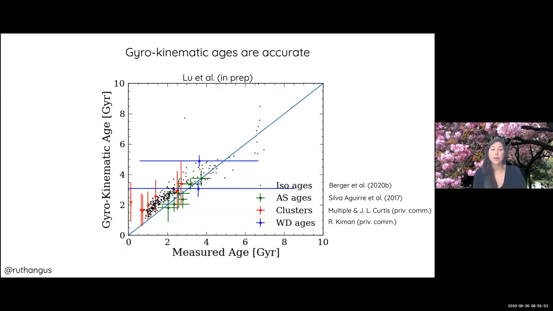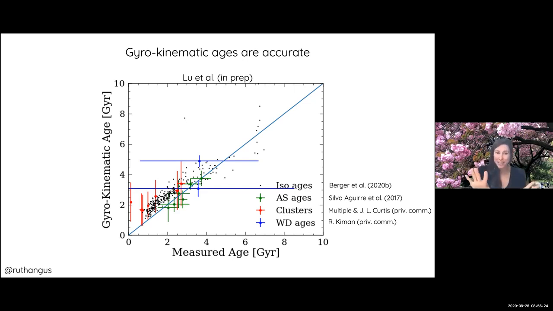So this shows gyrokinematic age on the y-axis, and then measured age through some other means on the x-axis. And we have a few different sets of comparison stars. We have isochronal ages from Travis Berger's other catalogue that came out this year, his second catalogue. We have astroseismic ages from Victor's paper. We have some clusters compiled from the literature. And we have a couple of ages from white dwarfs with M-dwarf companions from Rocio Keenan.